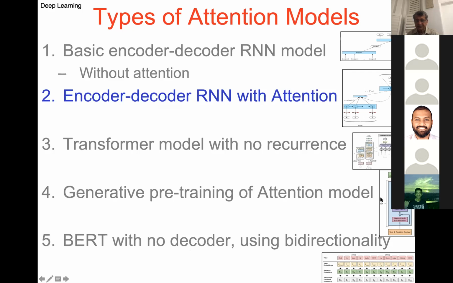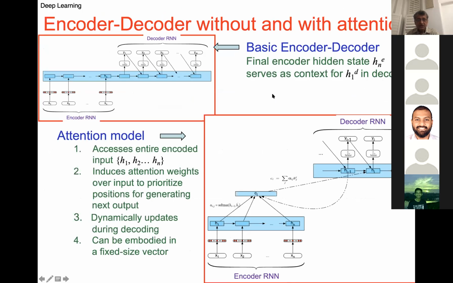I've shown some diagrams here illustrating what the architectures look like. These two diagrams show encoder-decoder without and with attention. In the basic encoder-decoder, the final encoder hidden state serves as context for HND in decoding.